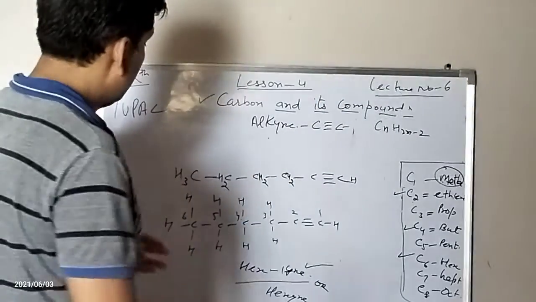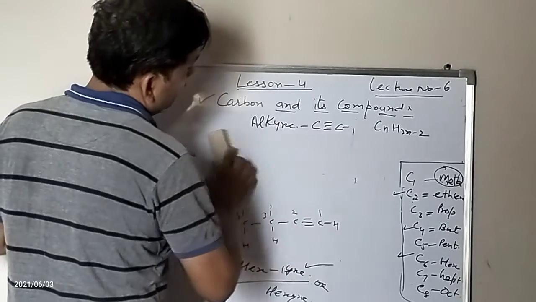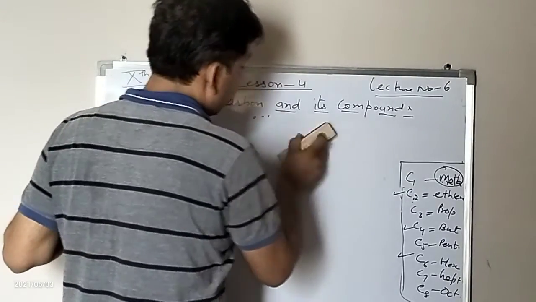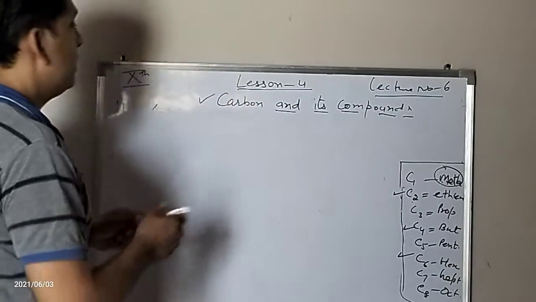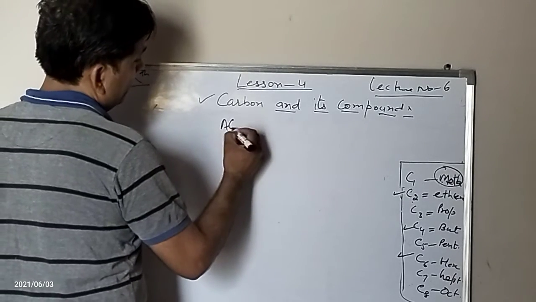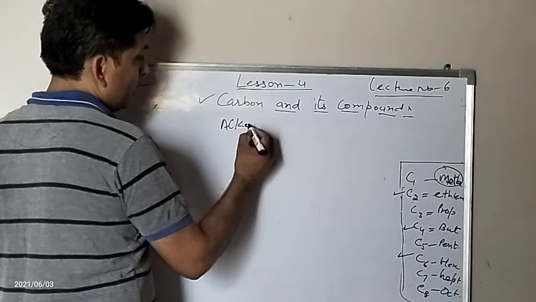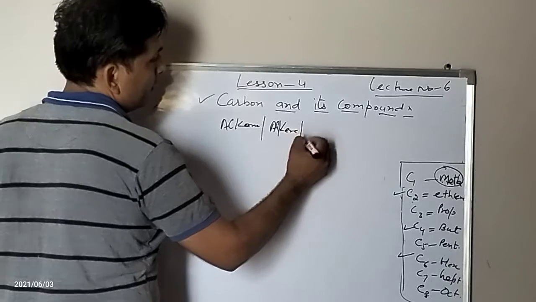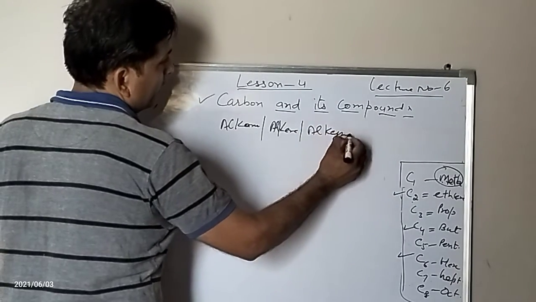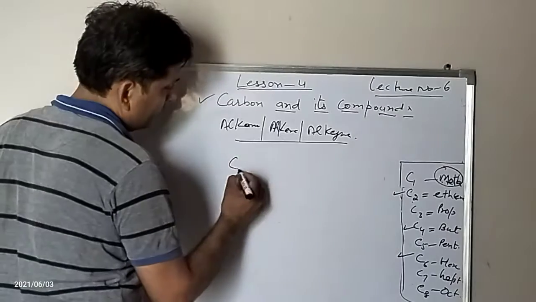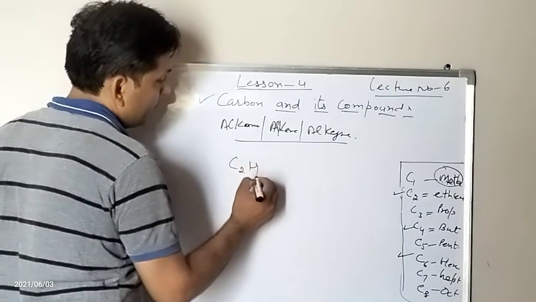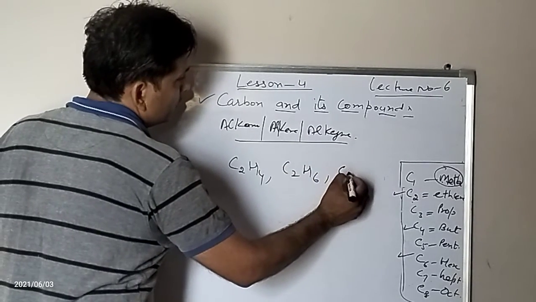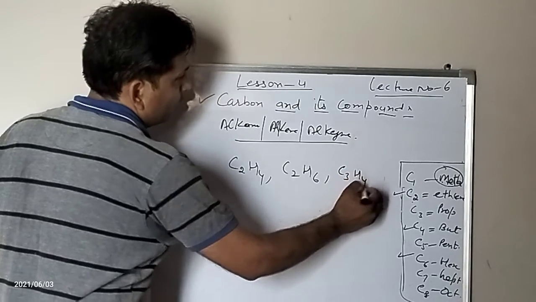Now, one thing I would like to discuss with you: how can you conclude that a given chemical compound is alkane, alkene or alkyne, just looking at the molecular formula? You are given just formulas. For example, one formula is C2H4, another is C2H6, another is C3H4.